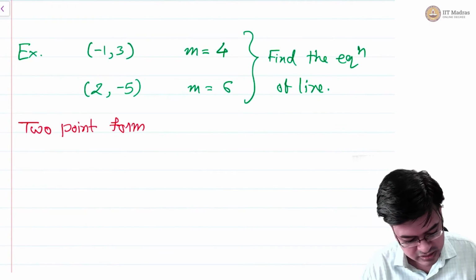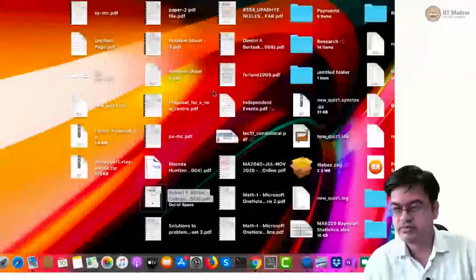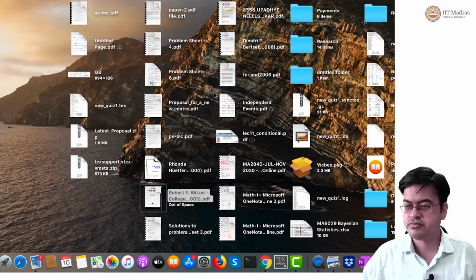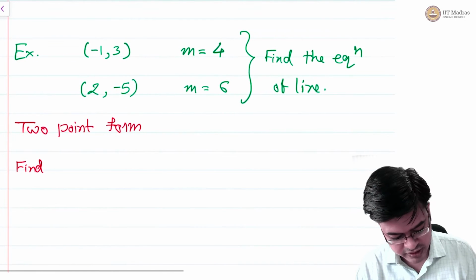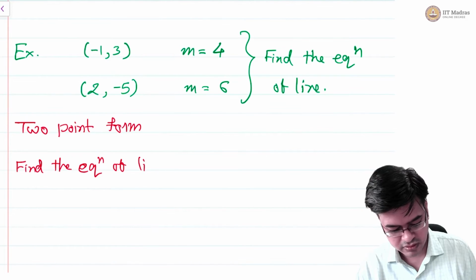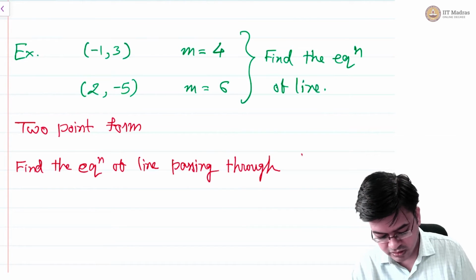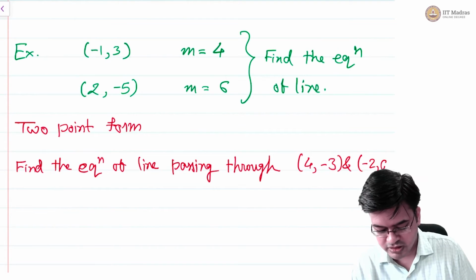You are asked to find the equation of the line passing through the points (4, -3) and (-2, 6).